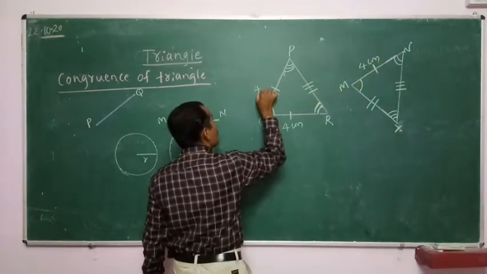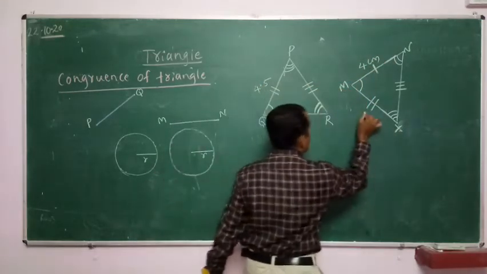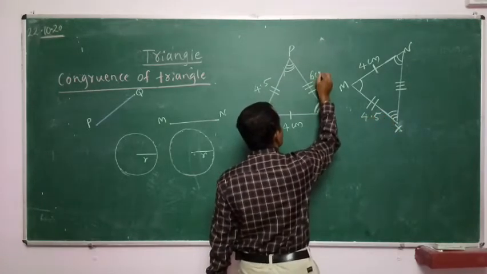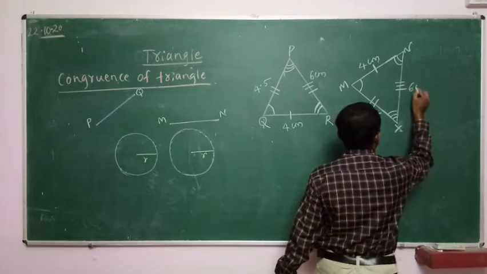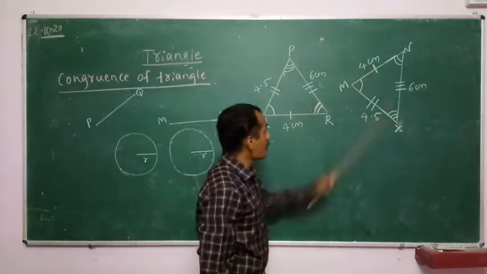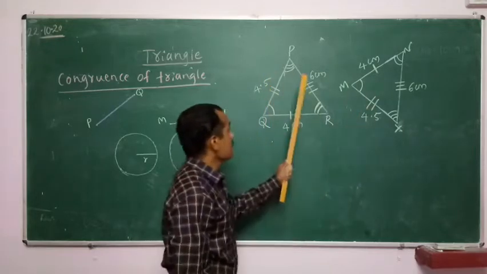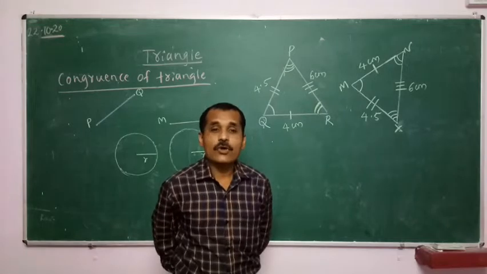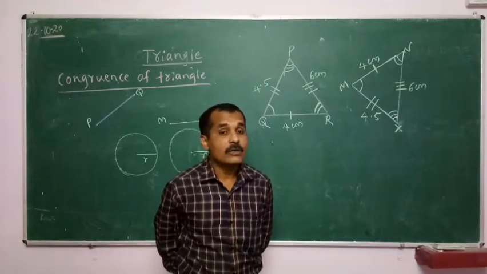This is 4.5 centimeter, this is also 4.5 centimeter. This is 6 centimeter, this is also 6 centimeter. I can say these two are corresponding. We can say the sides of the two triangles are equal.